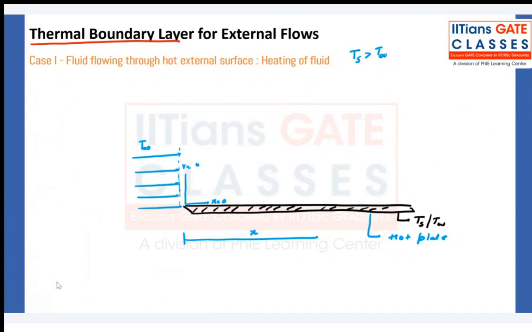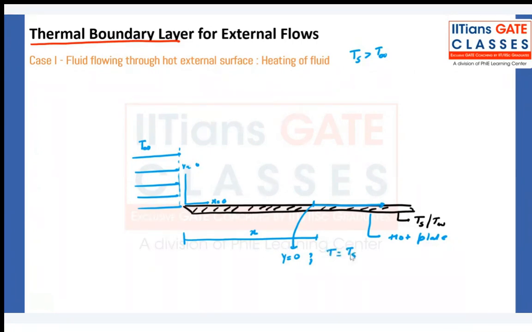Now the layer that is adjacent to this plate will be observing a temperature of T wall, isn't it? Ideally, I am saying ideally. Of course, it will not assume Ts, but ideally it will assume Ts. Okay. So at y equals 0, can I say the temperature will be equal to T wall or Ts?